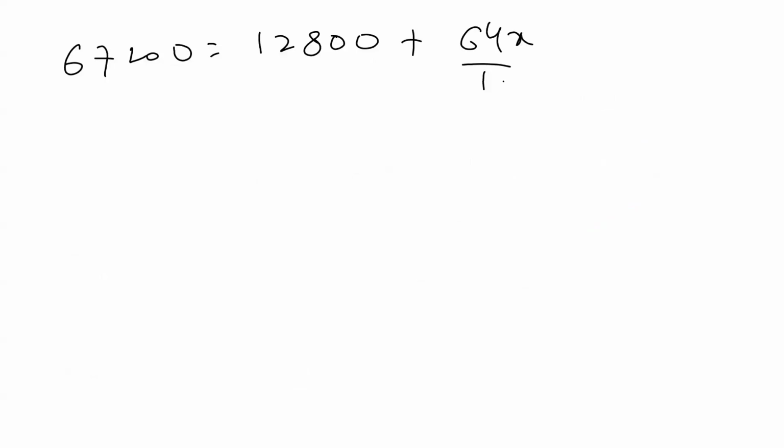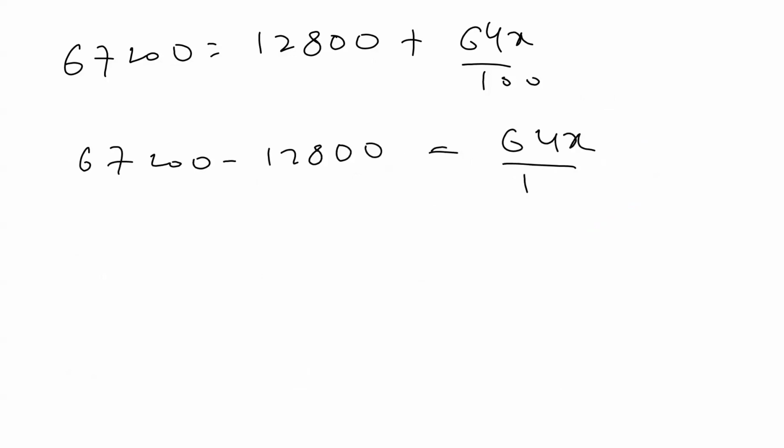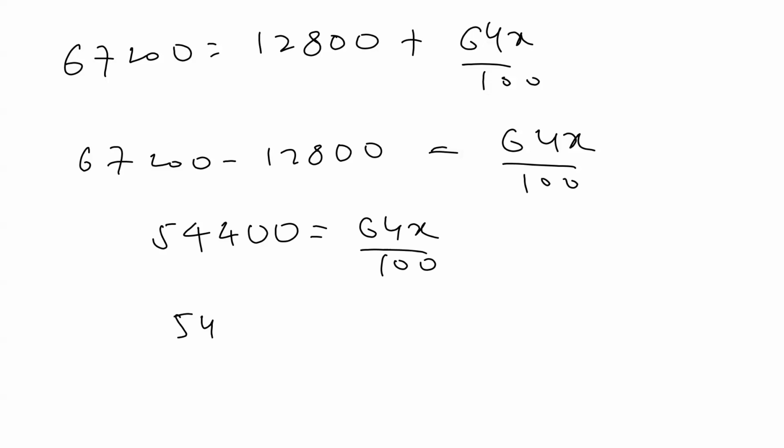So 67,200 minus 128,000 will give me minus 54,400, which is equal to 64x upon 100. So 54,400 into 100 upon 64 is equal to x.